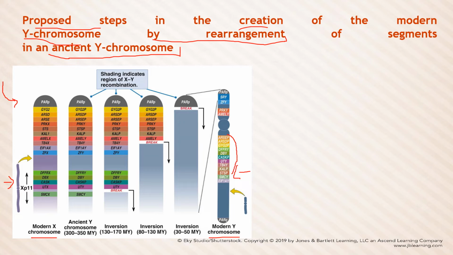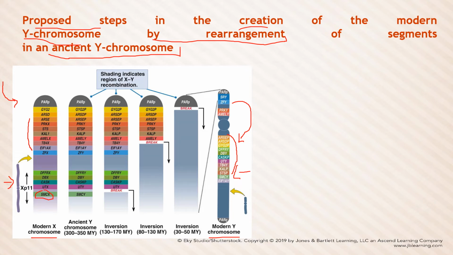This is something that I told you before. You find some regions that are still there, some genes, but they seem to move from one arm of the chromosome to the other, and they seem to be inverted.